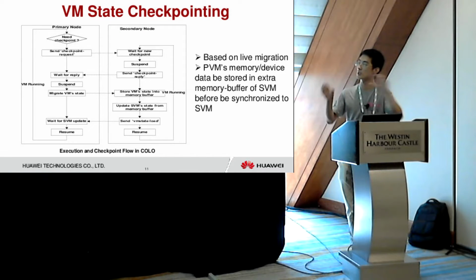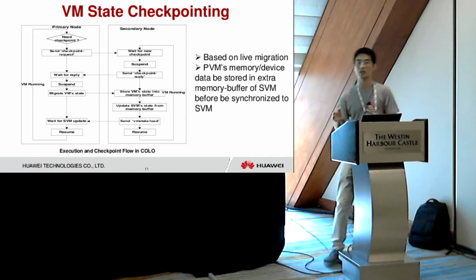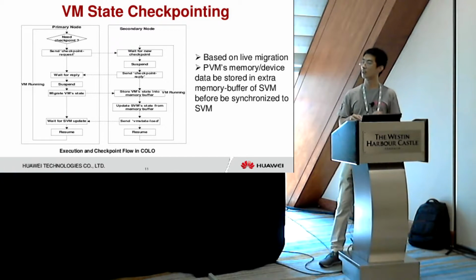After that, both the PVM and SVM are paused. And then the primary node will migrate the PVM state to the secondary node. But here it will not flush the data directly into the SVM, because during the process some error may happen.